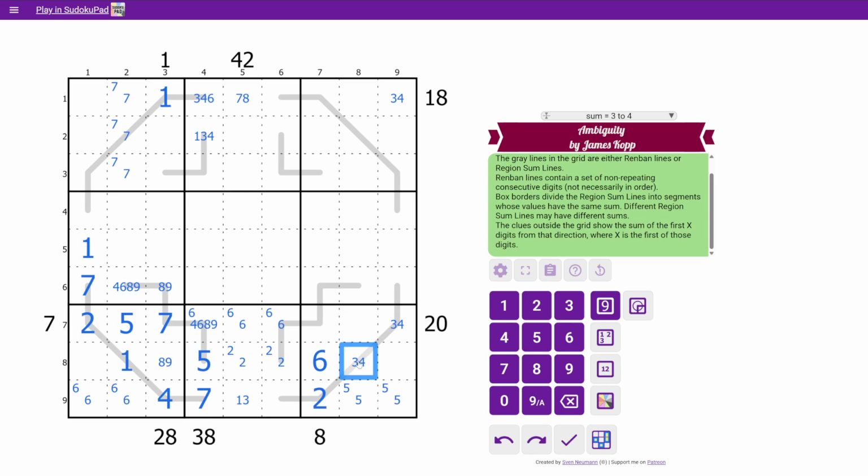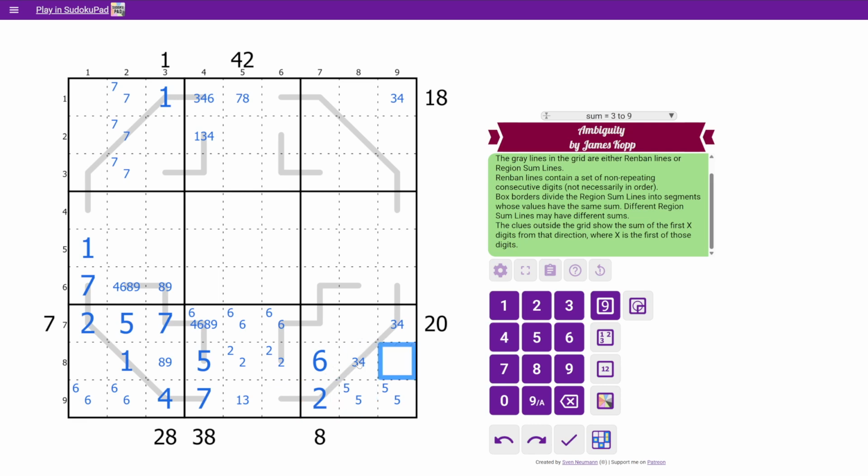Well, that could be 2, 3... Right, even if it was 2... It can't be 2, 3, 4, 5, 6, because the 6 can't go here, and it can't go on this line. And this is already being taken by the 5. So, yeah, and if this was a region sum, then this has to be the 9, and this has to be a 2, 3, 4.